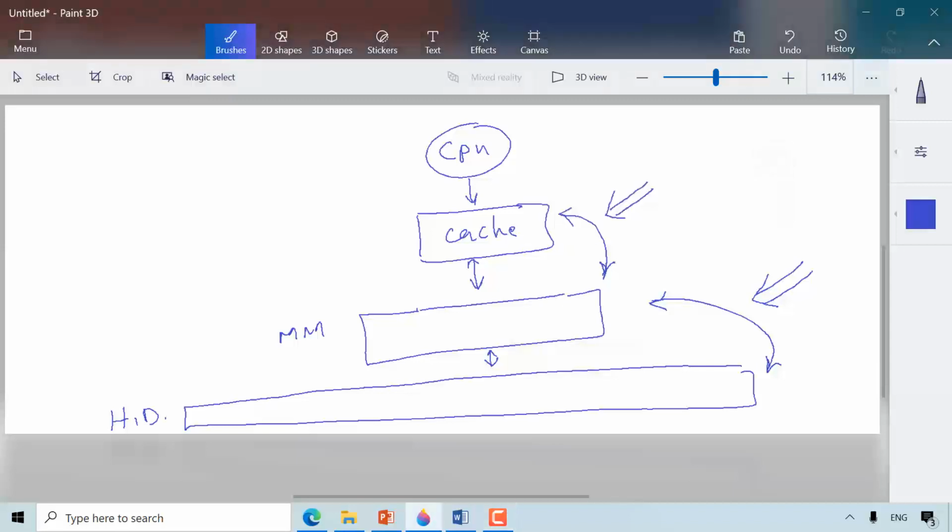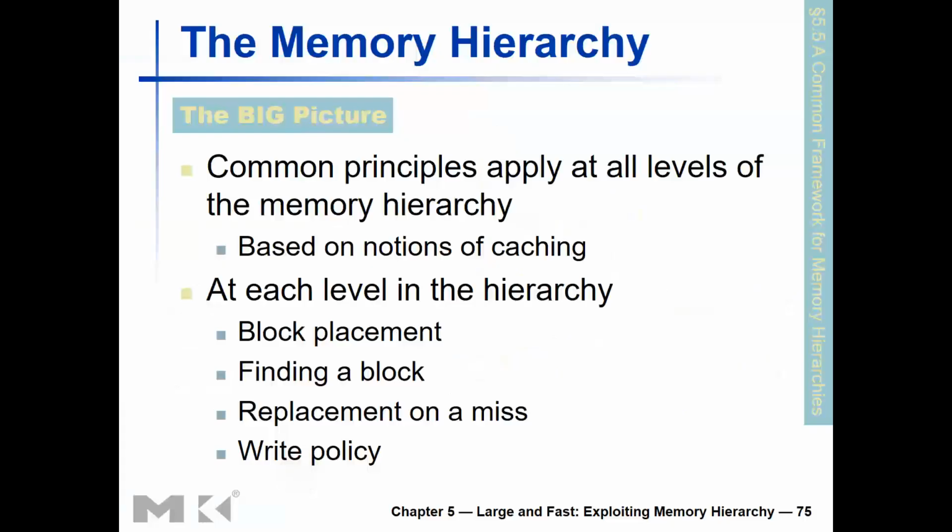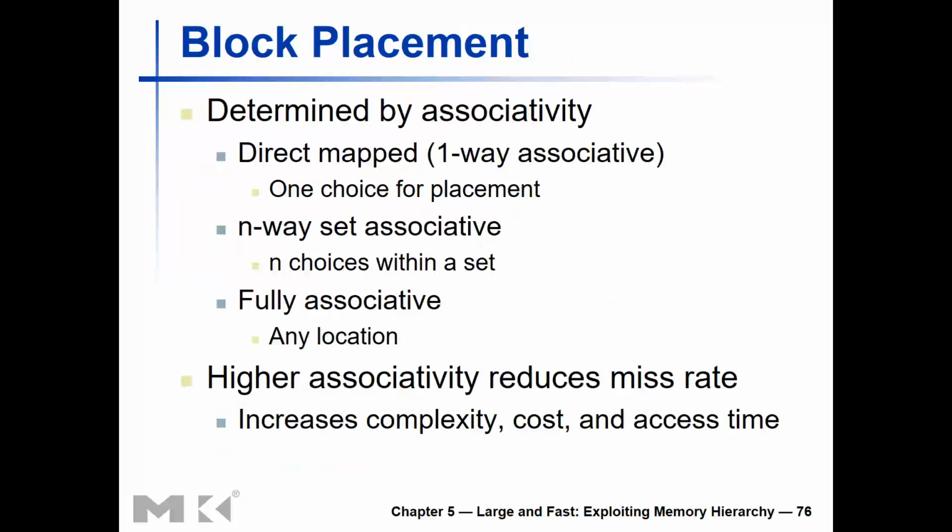If we look at this, we will see that at each level in this hierarchy there is block placement, finding a block, replacement on a miss, and the write policy. This is where you will see they differ slightly. In the case of block placement, we discussed direct mapped, n-way set associative, and fully associative.